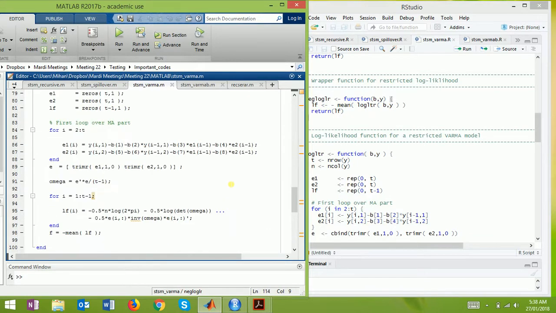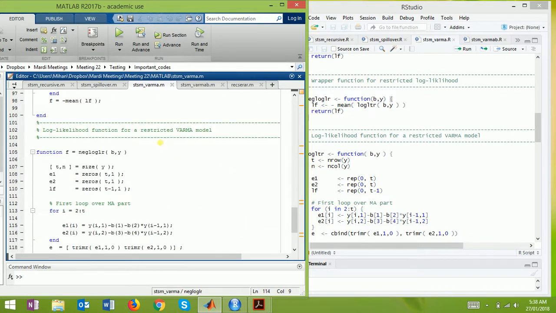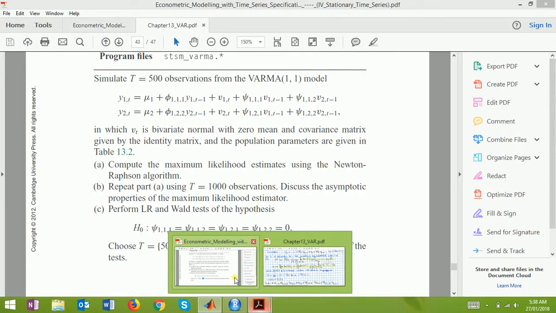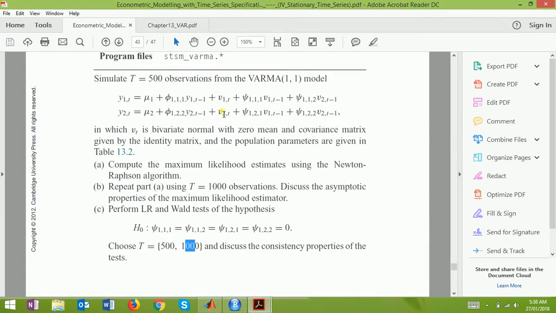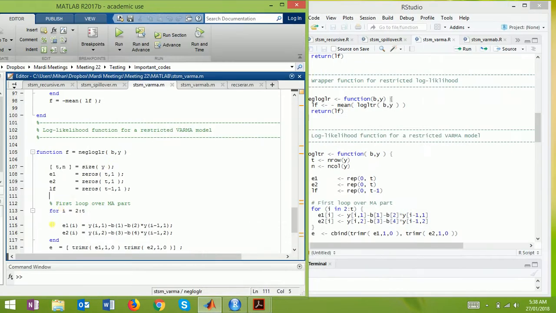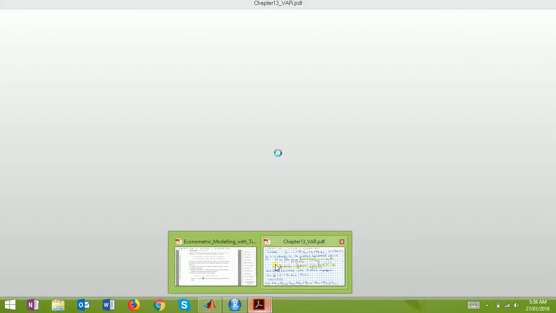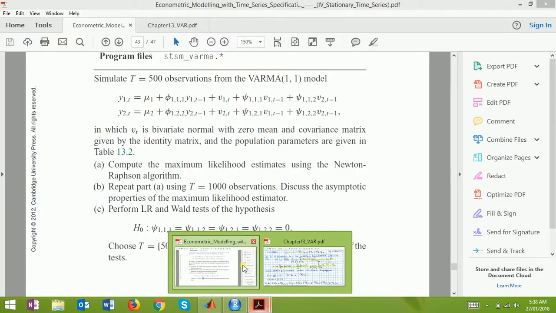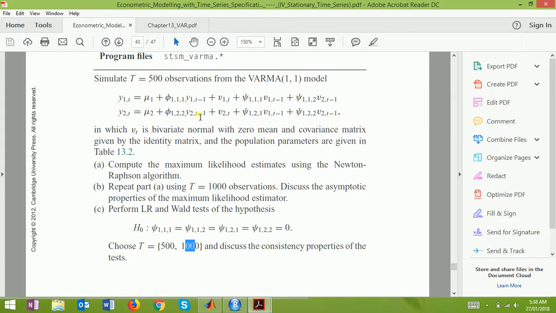What happens here is that in the case of the restricted VARMA model, we just focus on the autoregressive part and completely discard the moving average part, right? So in this equation, without the moving average part, we have v1 equals y1 minus mu1 minus phi11 y1 at t minus 1.